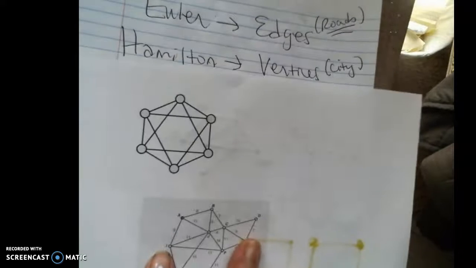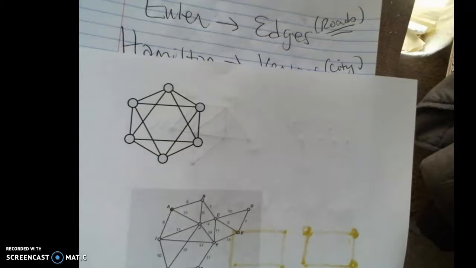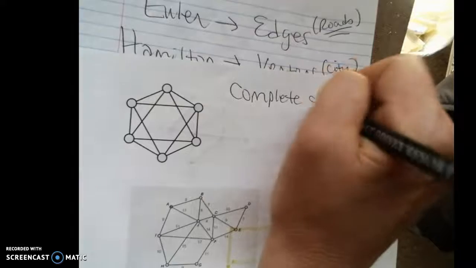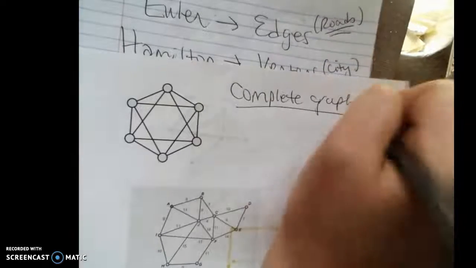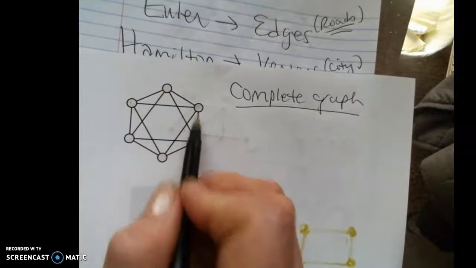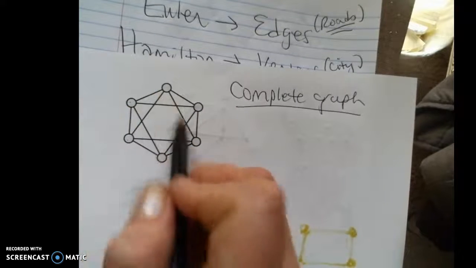There is one theorem with Hamilton, just one. It's not a great one, but it's called a complete graph. If you have a complete graph, which again is rare, that means every city can get to everything. So if I'm at A, I could get to B, C, D, E, F, all from A. Everything is connected.